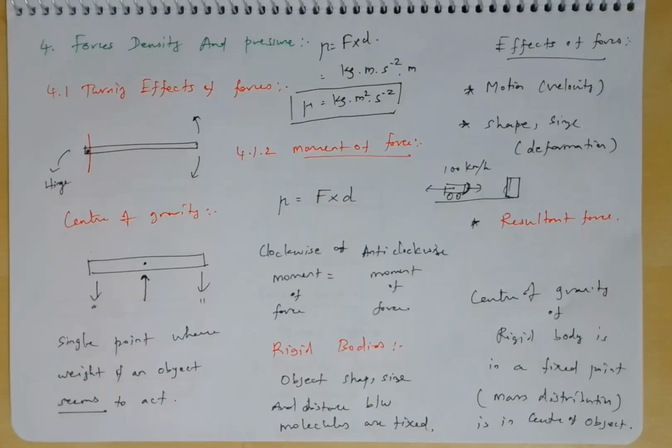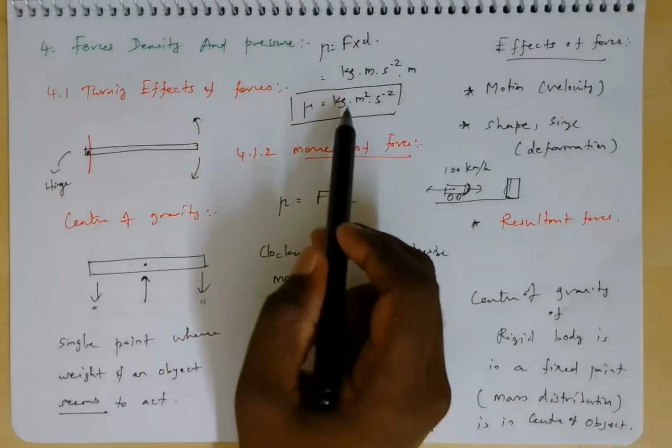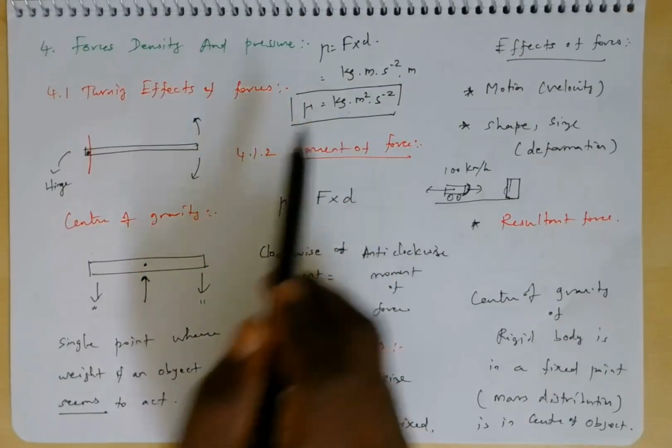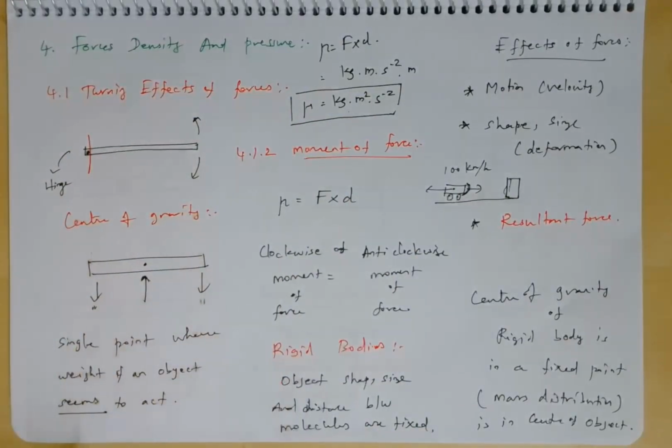M is mass, so kilogram. Velocity square. Can you see that moment of force and energy have the same SI base unit? So both moment of force and energy you can call Newton meter.